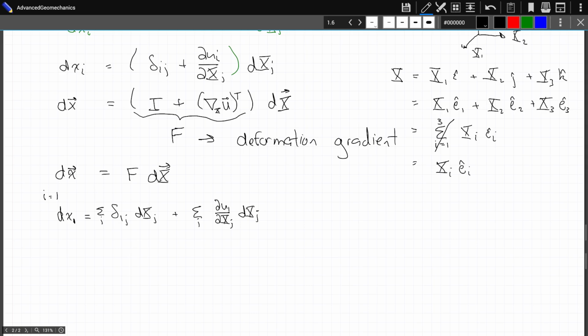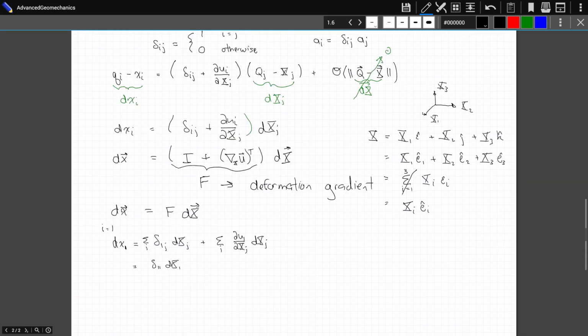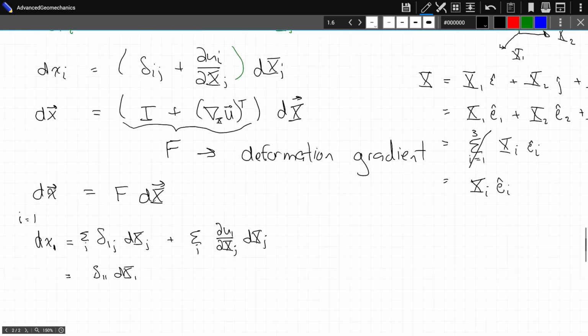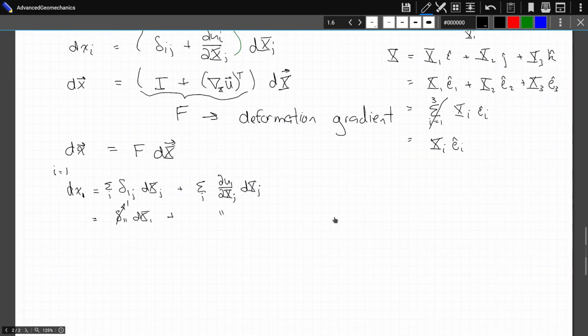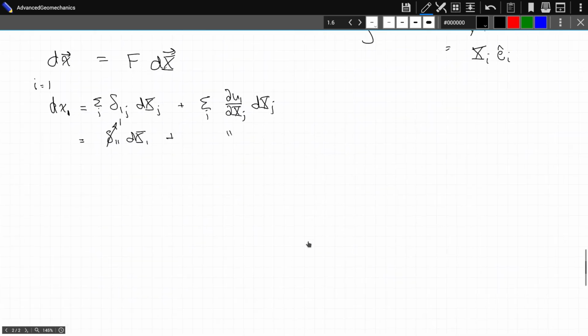So if j is equal to 1, then I have Kronecker delta 1,1 dx1. But Kronecker delta 1,1 is i equal to j, so that's 1, plus this same term, all right?